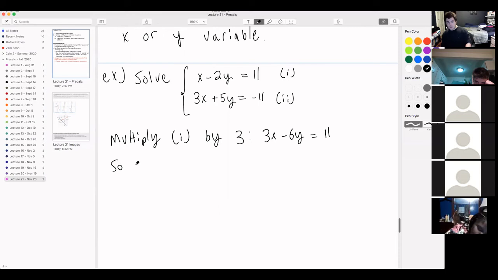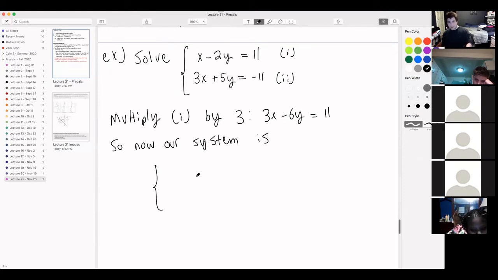So now we have the following system. Equation 1 is now this. Oh no, it should be 33. Yes, it should be 33. Excuse me: 3x minus 6y equals 33.